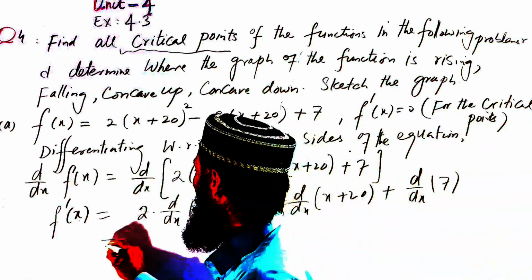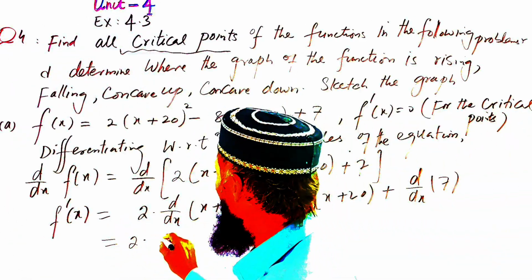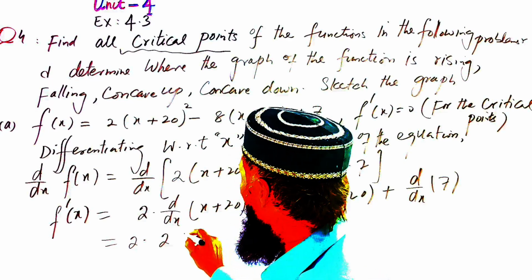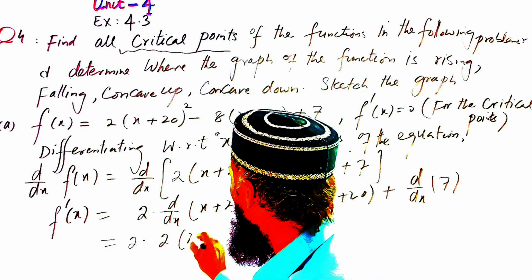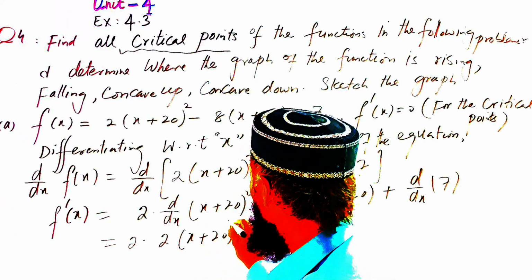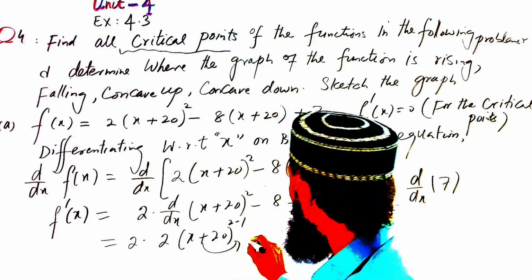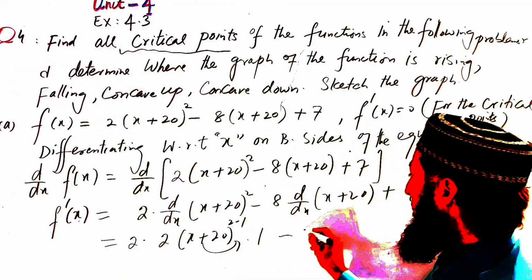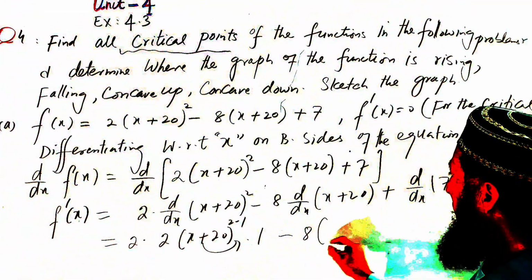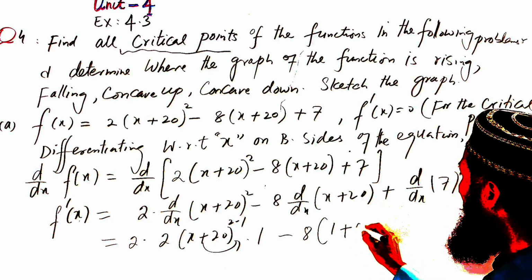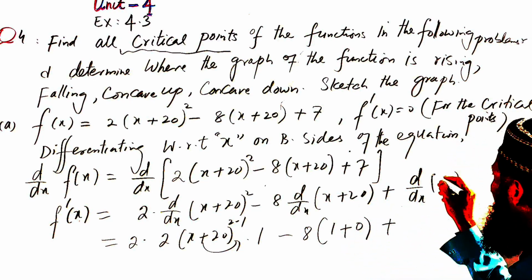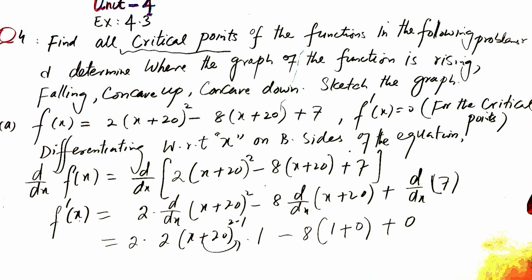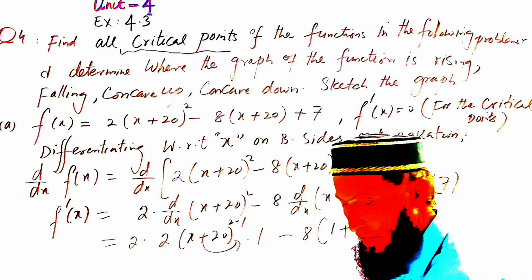According to the power rule, n x to the n minus 1, here (x plus 20) to the 2 minus 1, and further the derivative of x is 1. Similarly for 8, the derivative of x is 1, plus 20 derivative is 0, plus 7 derivative is 0. We simplify this result.